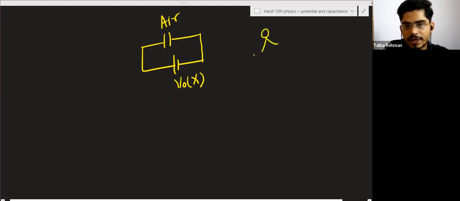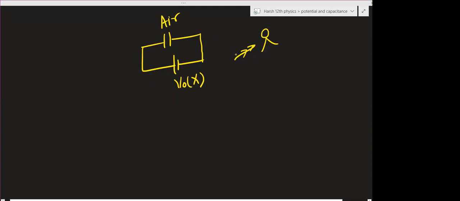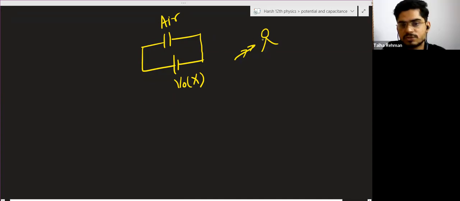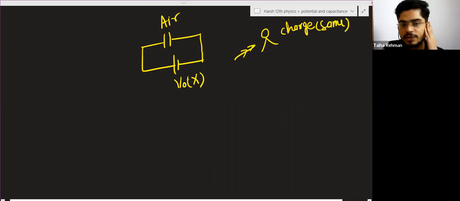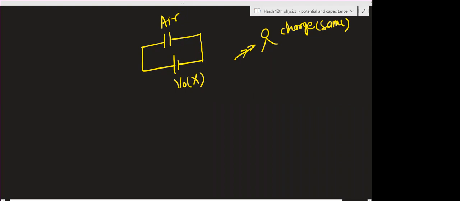Suppose this is you and someone is giving you the charge again and again. Now he or she is no more, not giving the charge to you. So charge will remain the same, constant, because now there is no battery to give the charge to the capacitor.